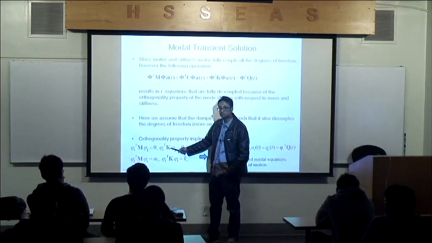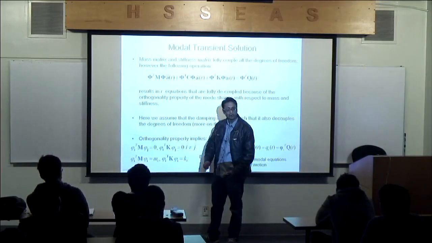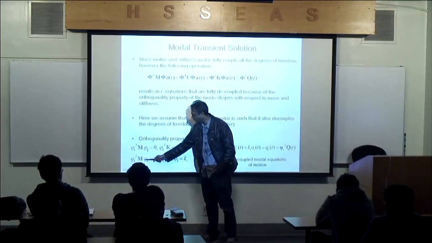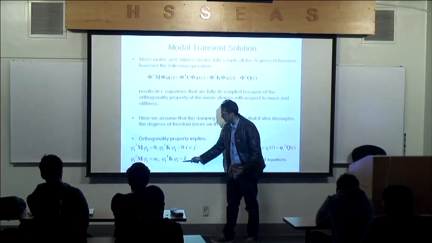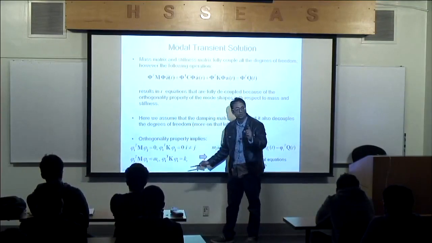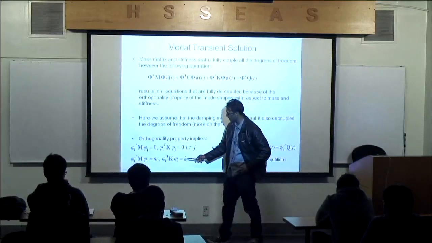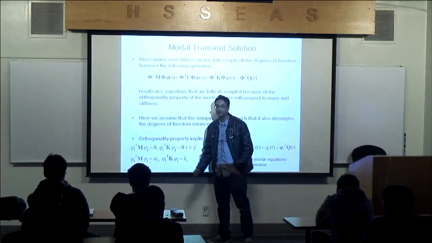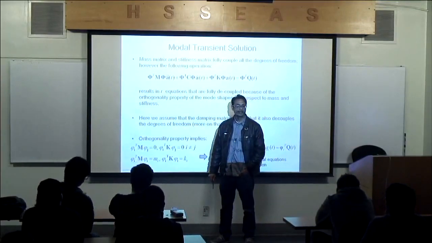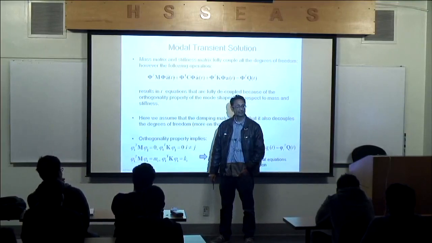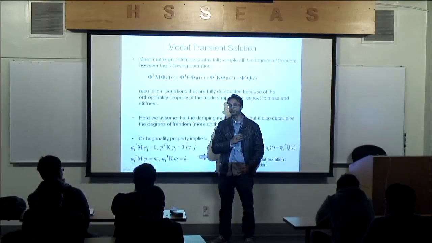If you did it against the stiffness, all the off-diagonal terms will be 0. But the diagonal terms will be a single value, and this one will be a single value. What's more incredible is if I take the ratio of Ki divided by Mi, you know what I get? I get omega i squared, which is actually the fundamental DNA of the system. I recovered it somehow.